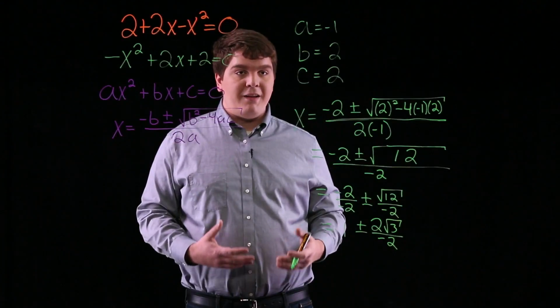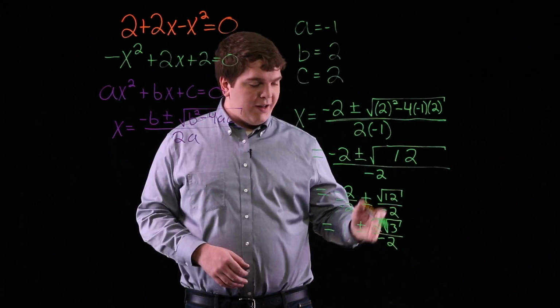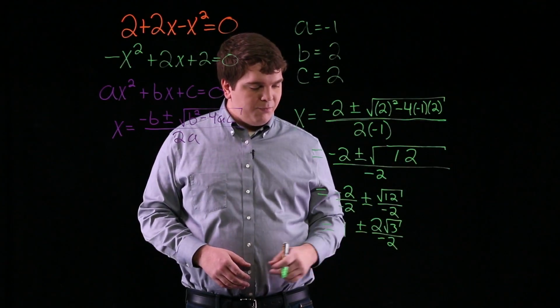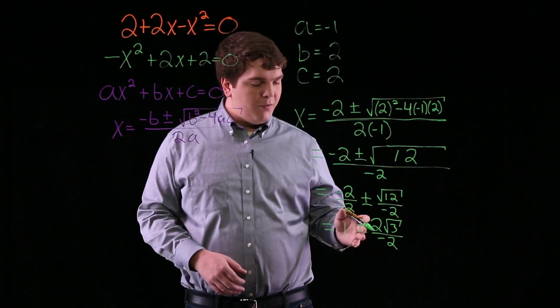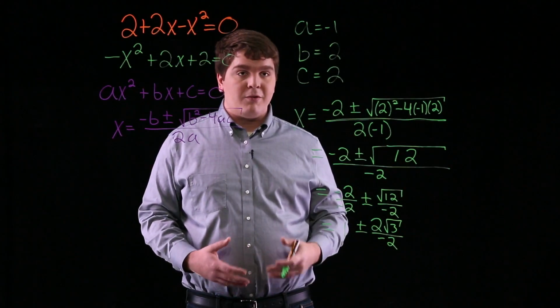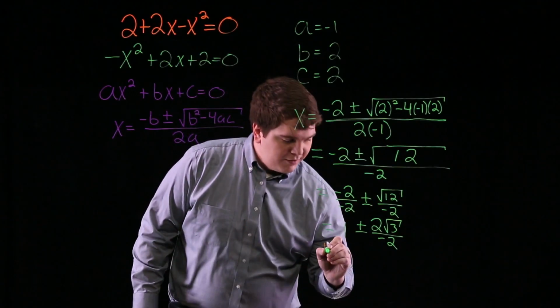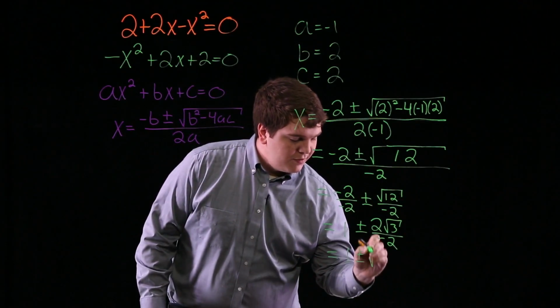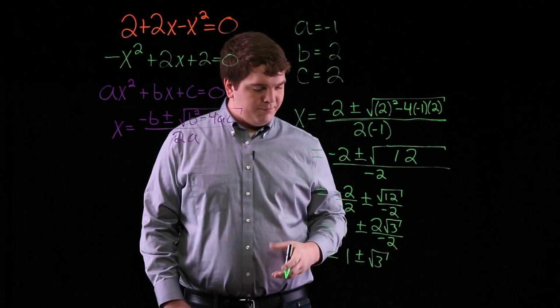Now, since we're both adding and subtracting this right-hand term, when we cancel the 2 with the negative 2, we can just leave the plus or minus symbol, as it'll work out the same in the end. So what we're left with is 1 plus or minus the square root of 3.